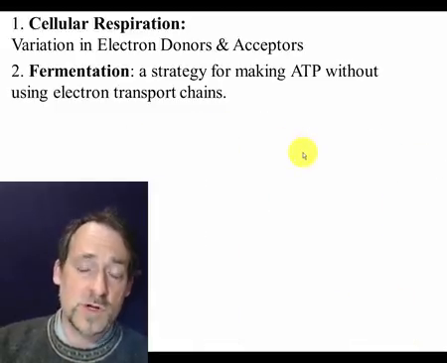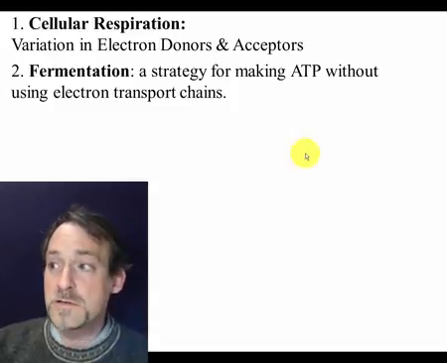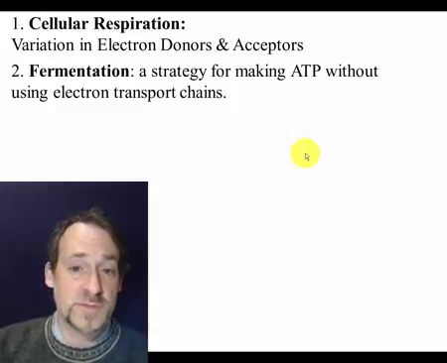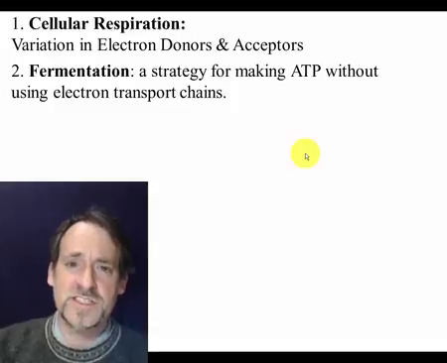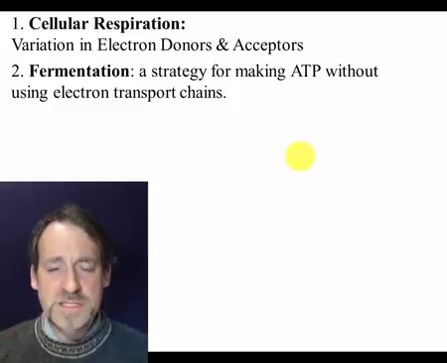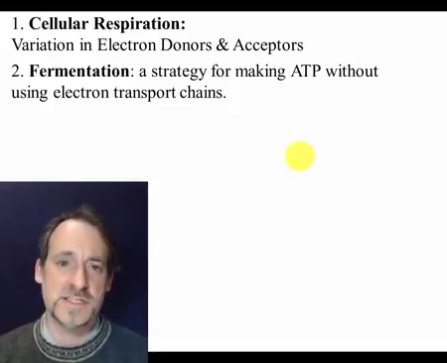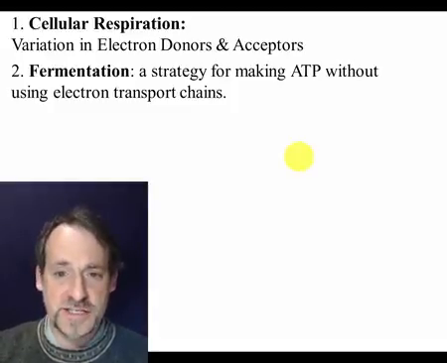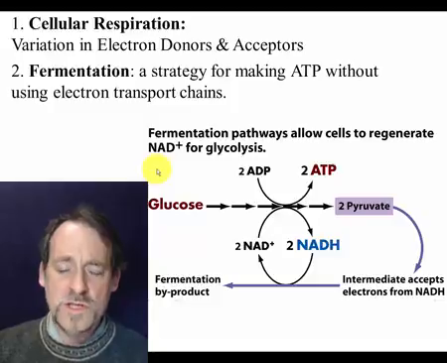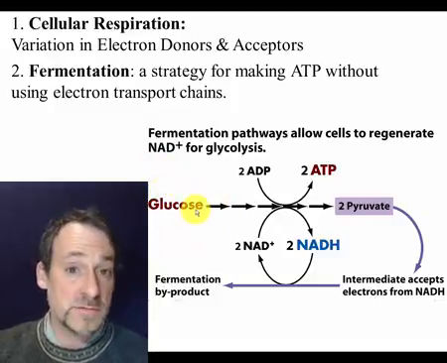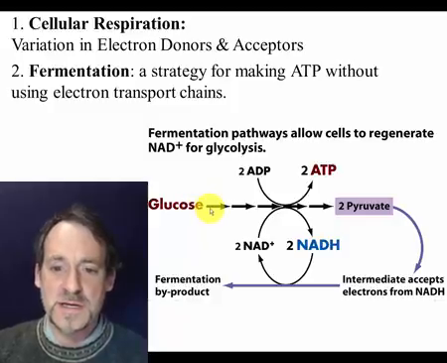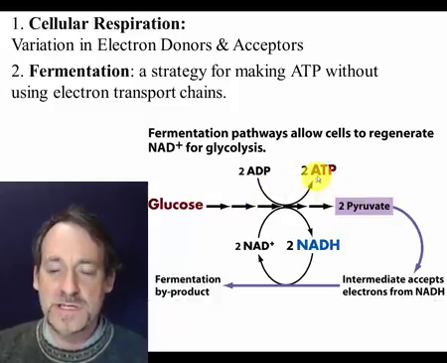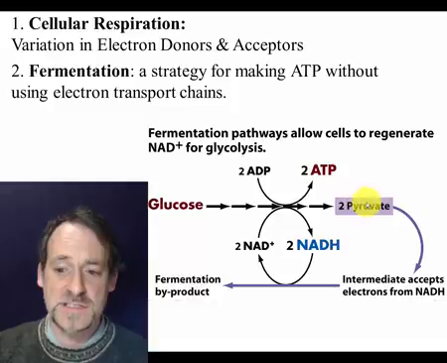Or if you don't want to do any of that, you can eschew cellular respiration entirely and use fermentation instead. Fermentation generates ATP, but it does not use an electron transport chain. What you've got instead is a high energy compound, generally glucose, for example, being broken down and yielding a few ATP in the process.